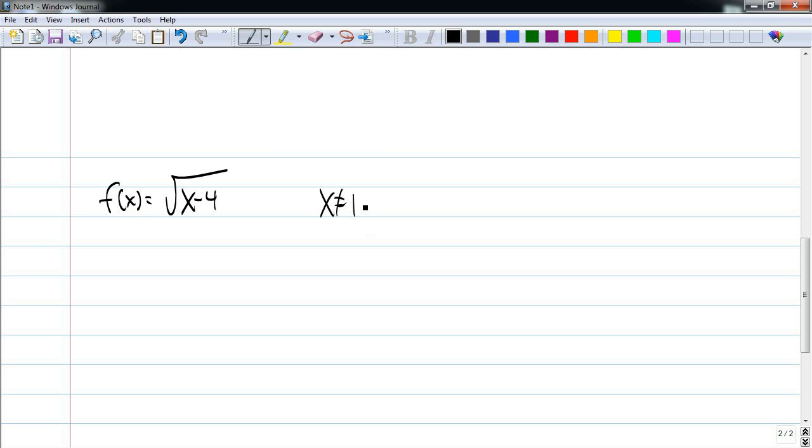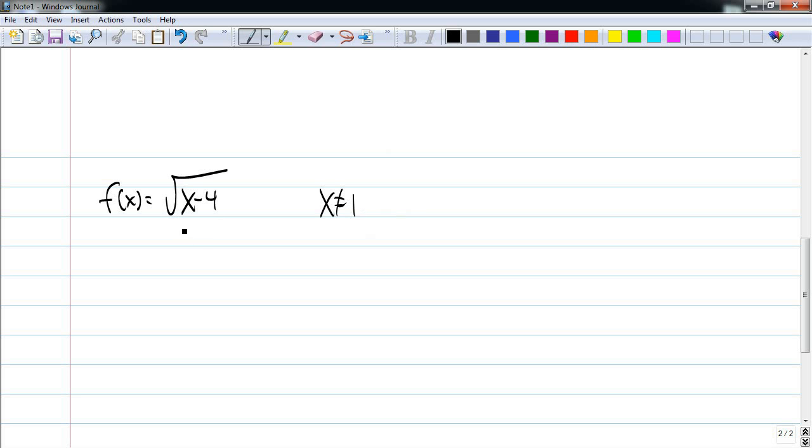But there's more than one x that would work. A 5 would work, a 6 would work, a 7 would work, 8.2 would work, 9.324 would work. A lot of numbers will work, so how can I refer to them collectively?